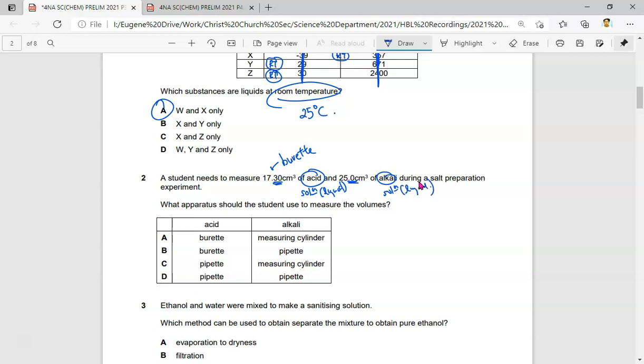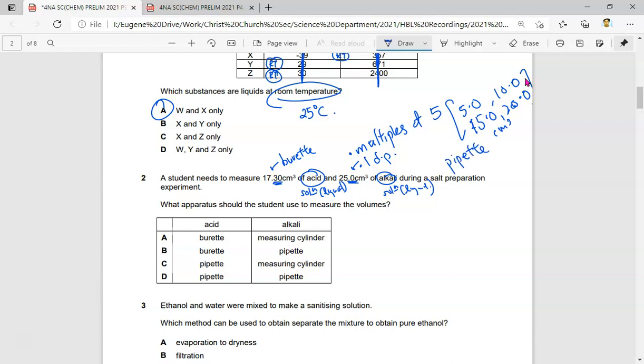So 25.0 cm³, whenever you see it's in multiples of 5, for example 5, 10, 15, and it is to 1 decimal place, so if I combine these two, if you see 5.0, 10.0, 15.0, 20.0 in terms of cm³, it would mean that you need to use a pipette.